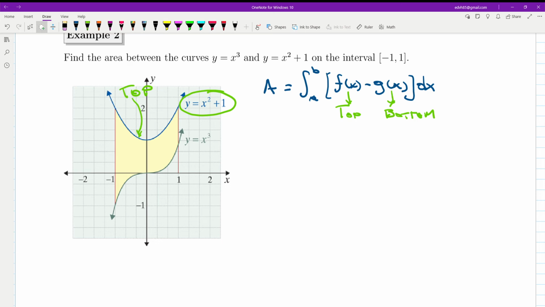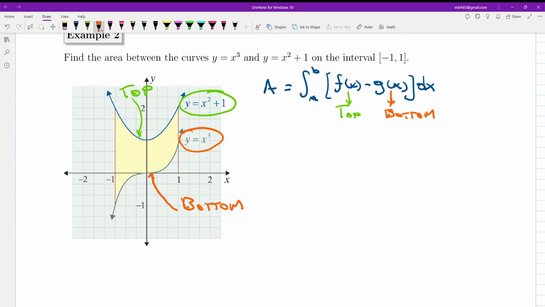Let me make some change of colors here to be a little bit more consistent. Okay, and over here, this would be the bottom function, which corresponds to y equals x cubed.